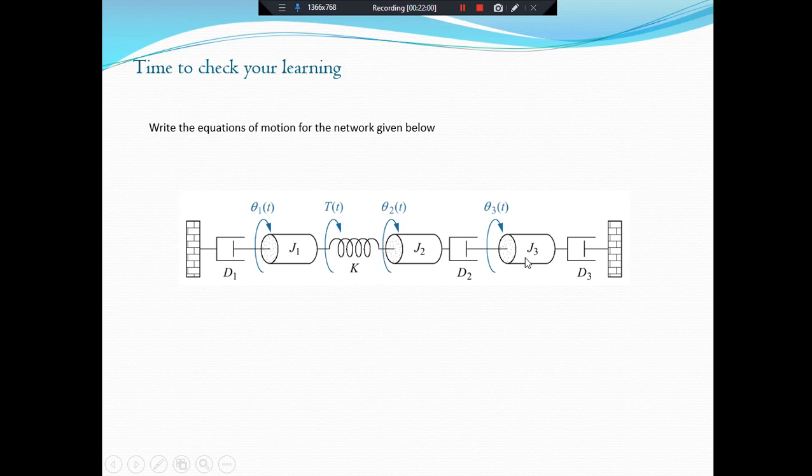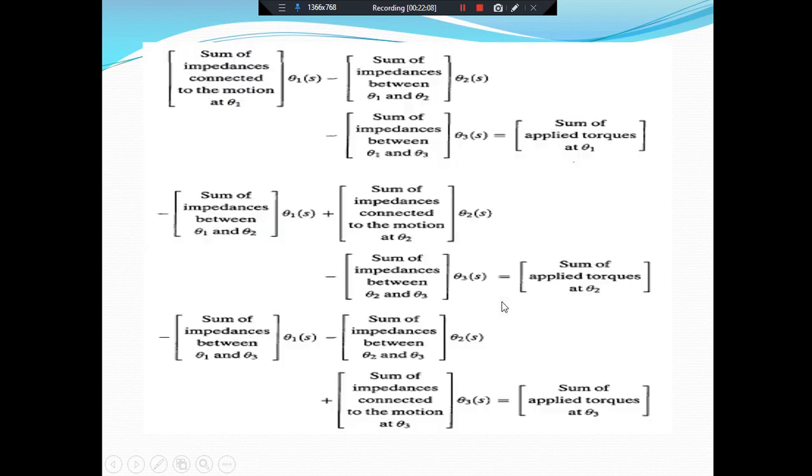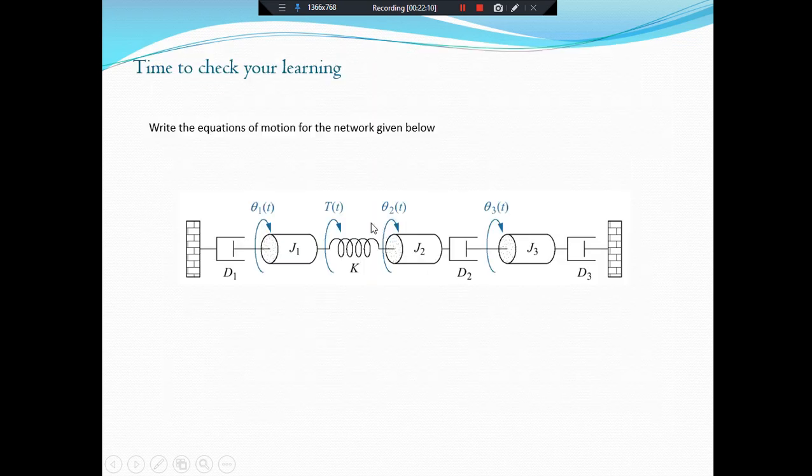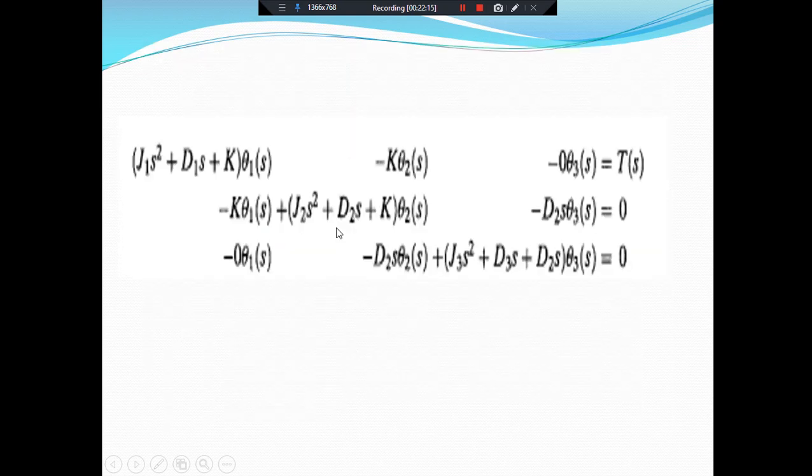The impedance connected to the motion of theta 3 is this damping force, this inertia, and again the damping force. The torque is applied only on J1 or theta 1. So the force column of equation 1 will be equal to T of s, while the others will be 0, 0. Okay, it's clear now.